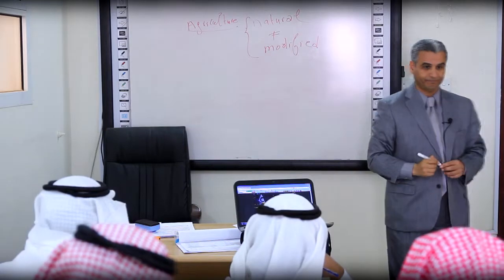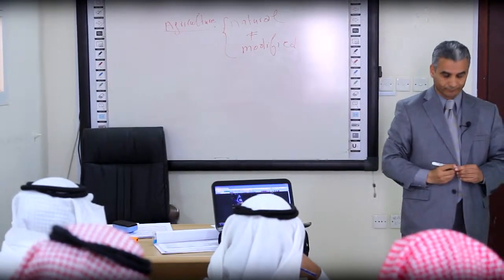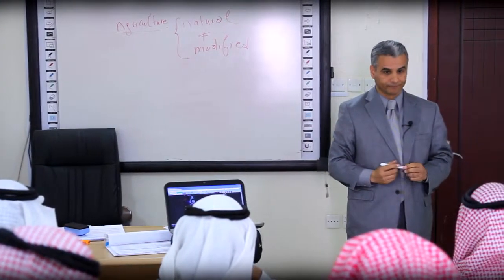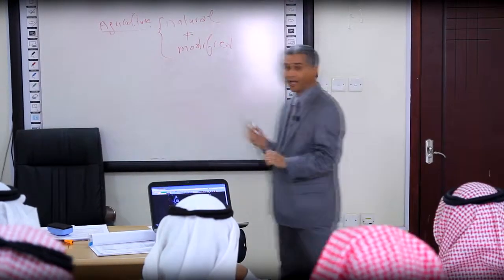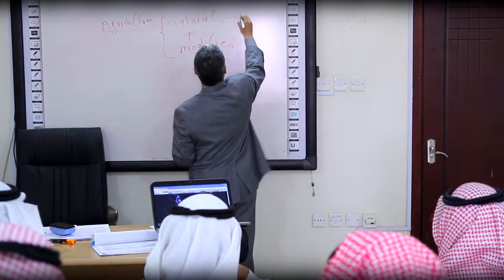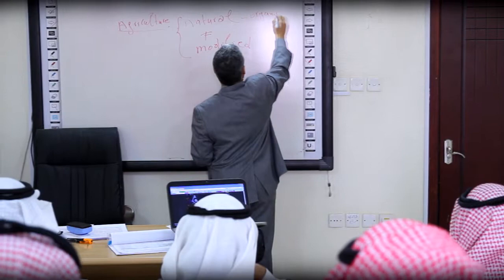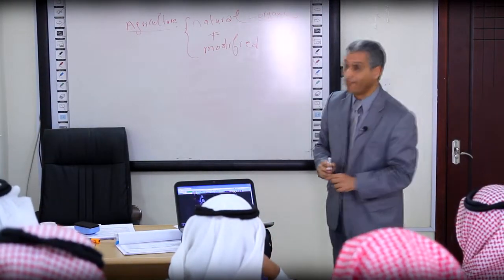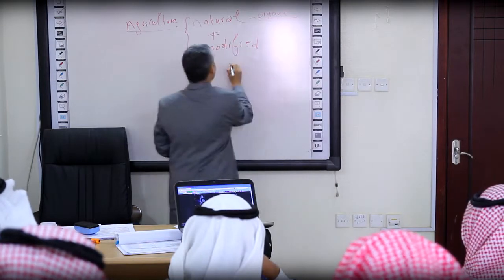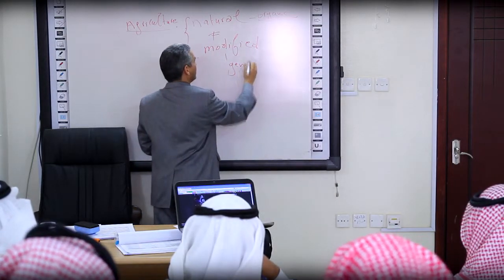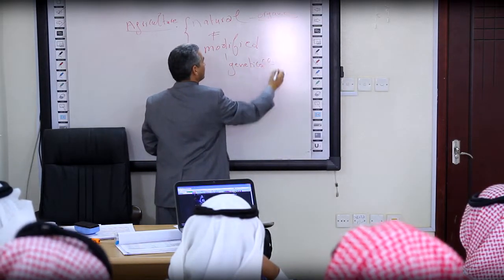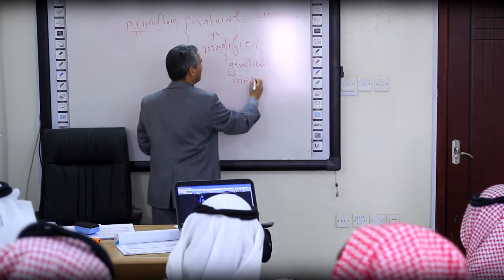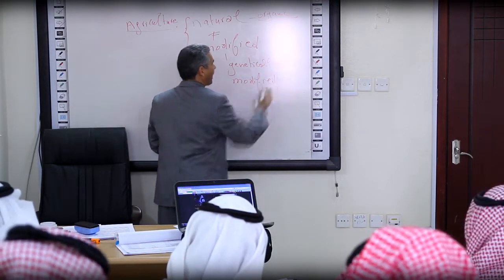Salam. The natural agriculture is the organic. Very good. So the natural agriculture is the organic agriculture. And the modified, Majid? Very good. Here, it is the genetically modified agriculture.